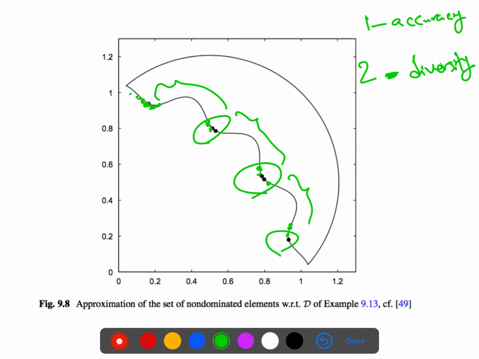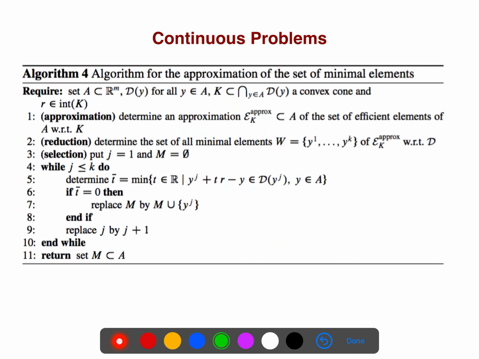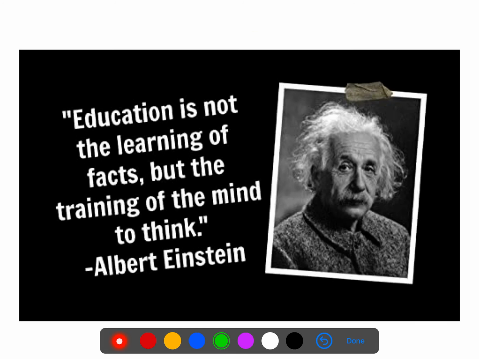You want to find all of them. You don't want to just concentrate on a single cluster, but you want to discover all of these clusters as well. And also you can use the same analogy for finding minimal elements. Everything is the same. N is replaced by M because it's minimal elements, not non-dominated elements, and everything else is the same.